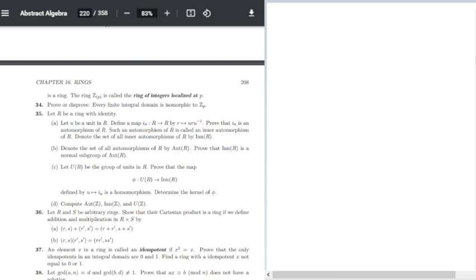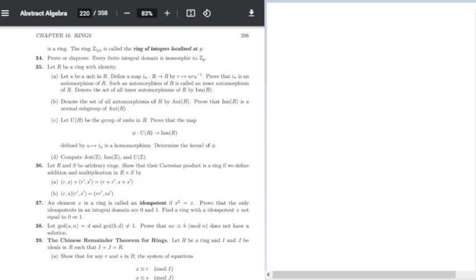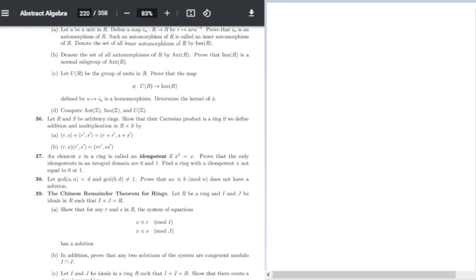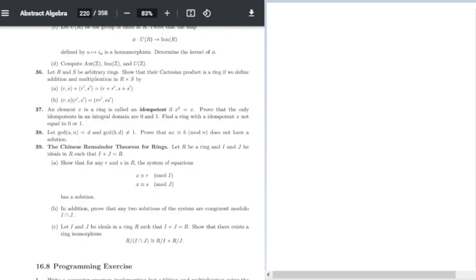Like, it sounds like you can just have like a Boolean structure. The automorphisms, the inner automorphism stuff again. Cartesian product of a ring, pointwise, idempotent, f(x) versus x. Prove that the only idempotents in an integral domain are 0 and 1, obviously.